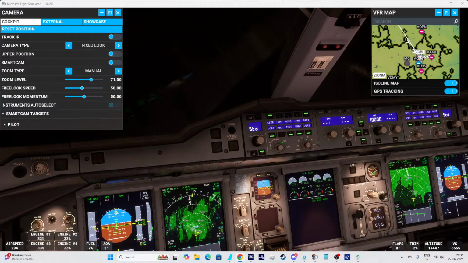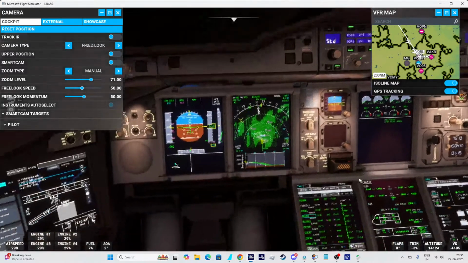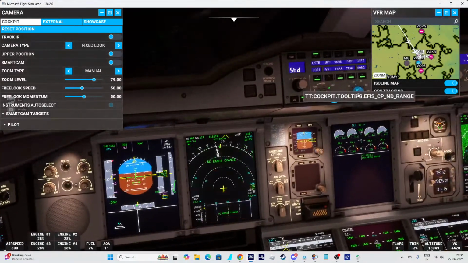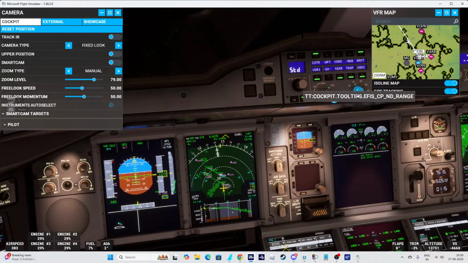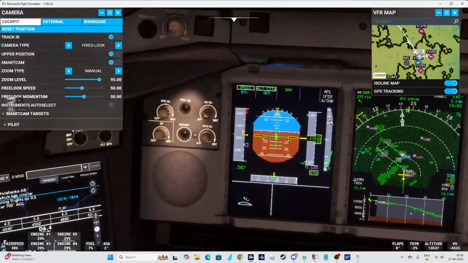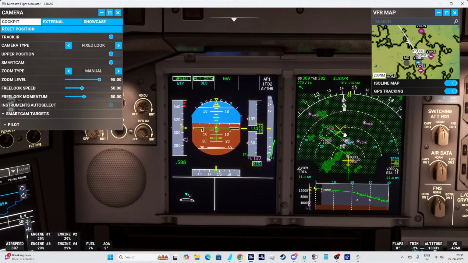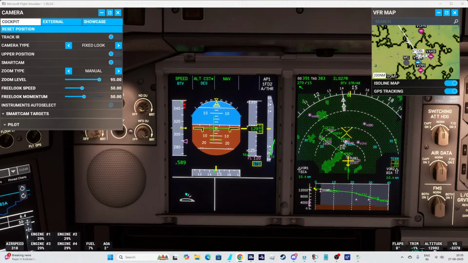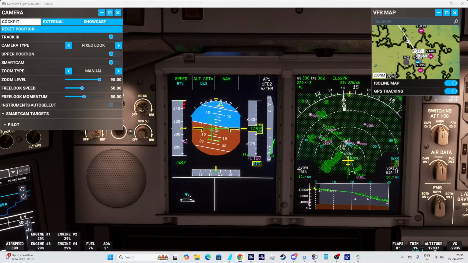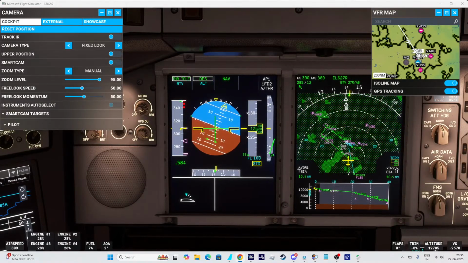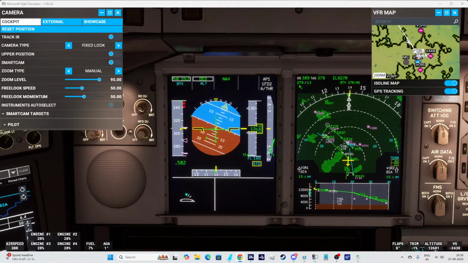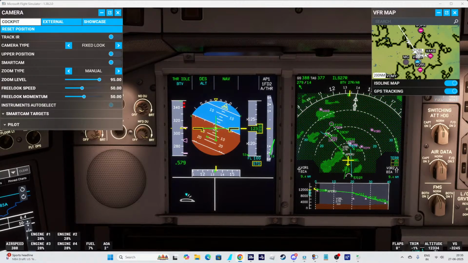India 2823, free speed. Vistara 747, contact Bangalore Tower 124.350, good day. Contact Bangalore Tower 124.350 with our 747, thank you for the wonderful service. India 2823, report established. India 2823 not established. Roger, sir, report established.